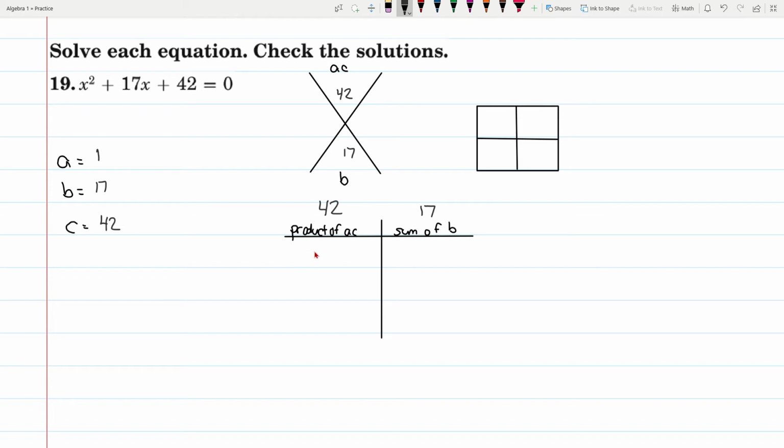Well, if you jump to 6 times 7, that is 42, but 6 plus 7 is only 13, so that's clearly not going to be it. Another one you can think about, well, what about 21 and 2? Well, that's not going to work because, yes, that's 42, but 21 plus 2 is going to be 23.